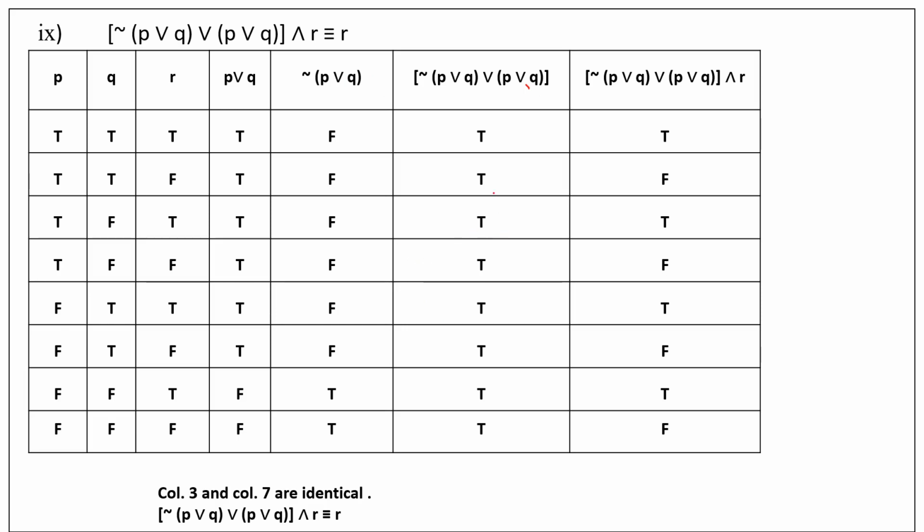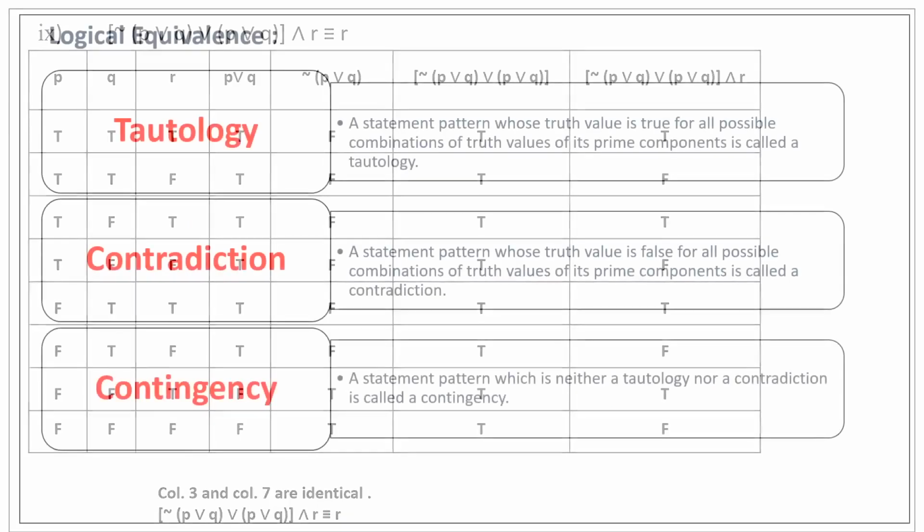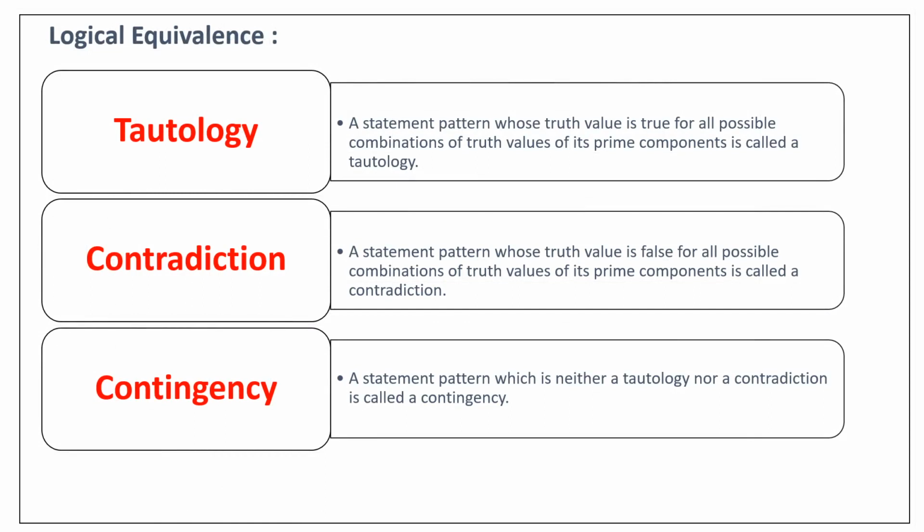Now if you see, this is TF, TF, TF. What we get? Last column, this. And R, we have to check whether it is same. TF, TF, TF, TF. Yes. So column number 3 and column number 7 are identical. Therefore, this proves the logical equivalence.